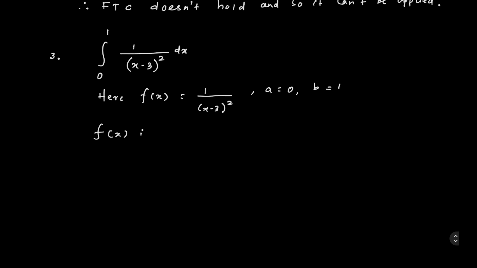So f of x is continuous here, continuous in the closed interval 0 to 1, because x minus 3 is discontinuous at x equal to 3 but not in the interval 0 to 1, and so FTC can be applied.